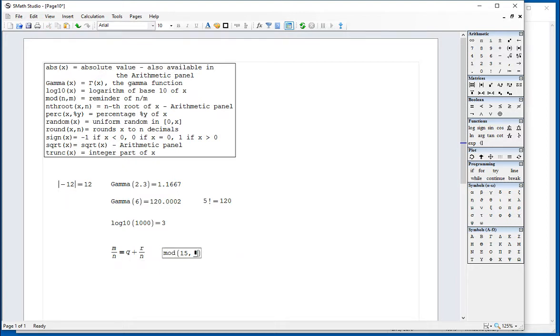in mathematics, used in some statistical calculations and some solutions of differential equations, and it's programmed for you in SMath Studio. It has the property that if the argument is an integer number, let's say 6, then it's equivalent to the factorial of n minus 1, minus a certain numerical error in there.